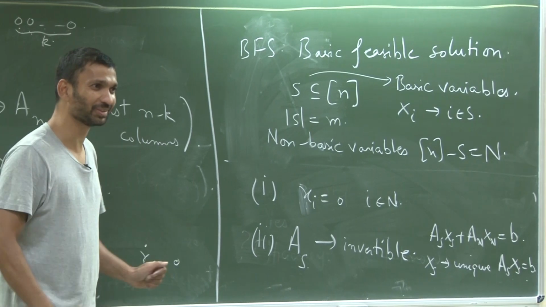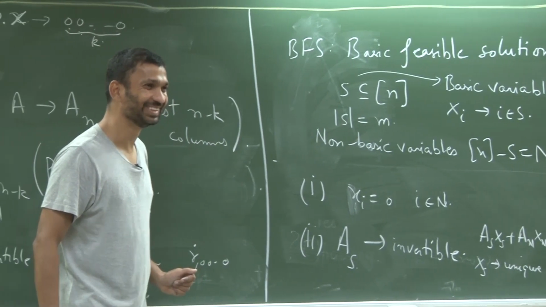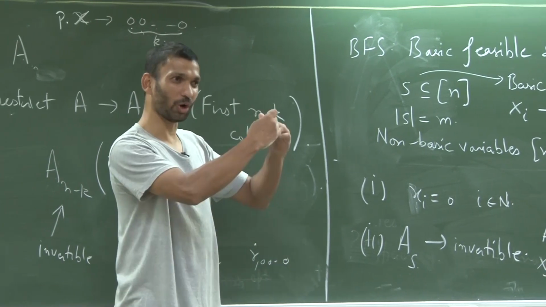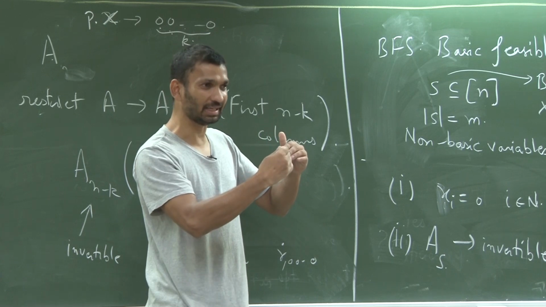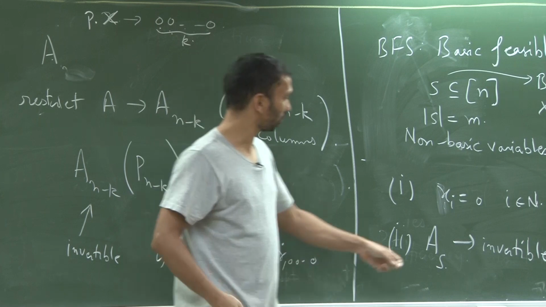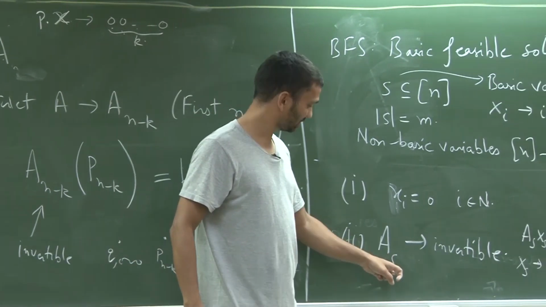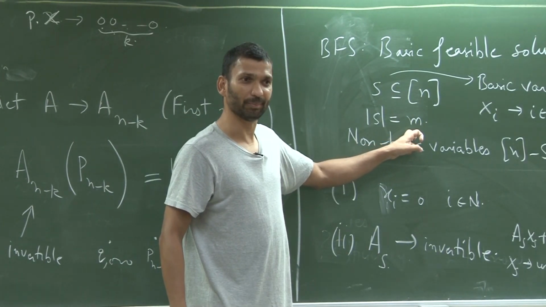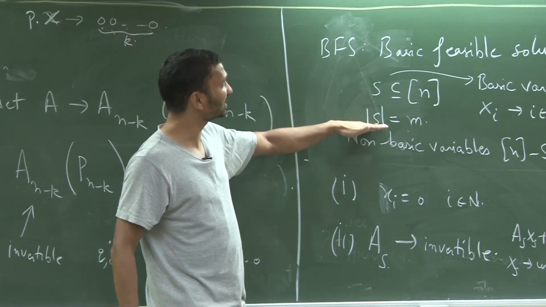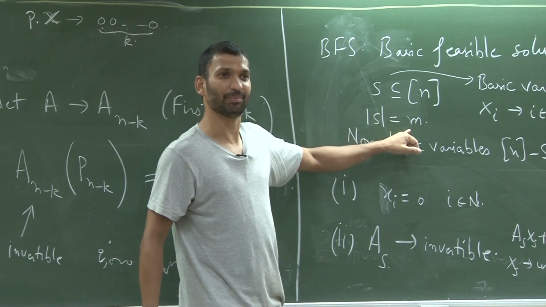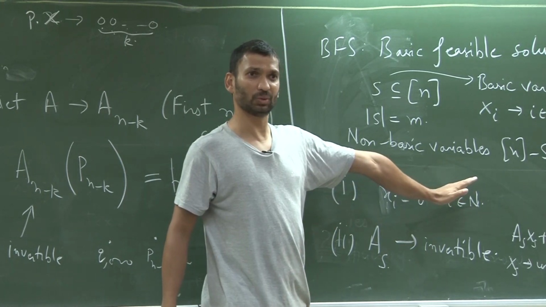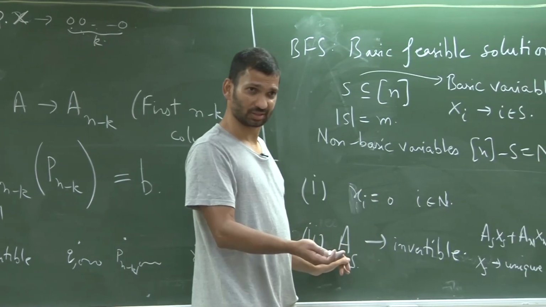Yes, you are right. What is the problem with that? You seem confused. This is what you want to show, yes. So you see, all my rows are linearly independent. That means the rank of the matrix is M. So if I want to make it invertible, the size of S should be equal to M. In other words, a basic feasible solution is described by a subset of N of size M. You fix a subset, set everything else outside to 0, then the remaining columns should be invertible.